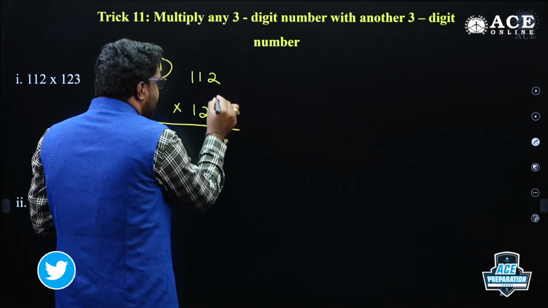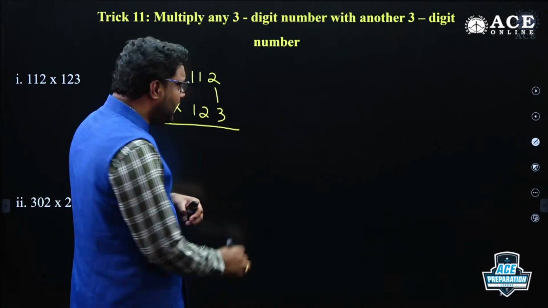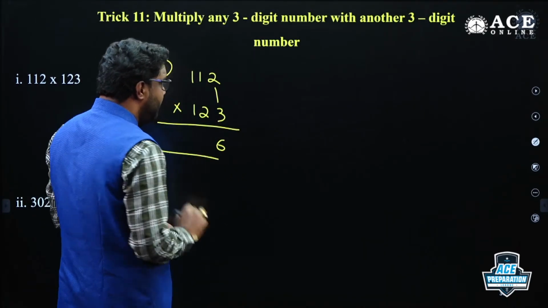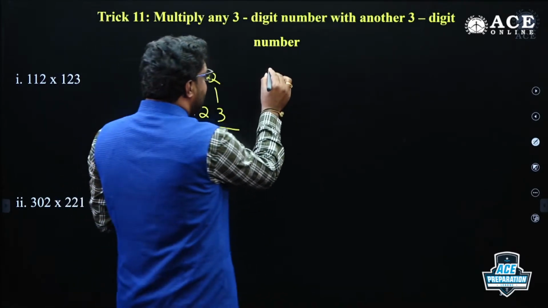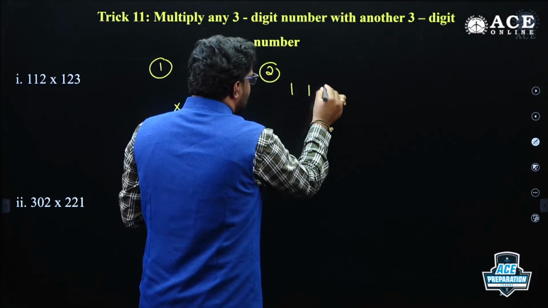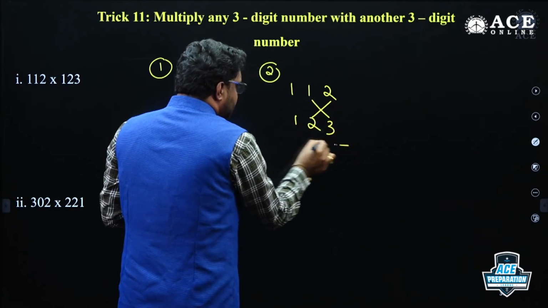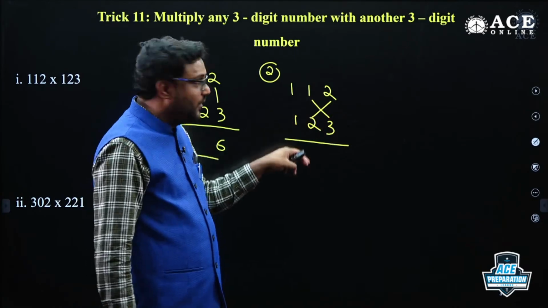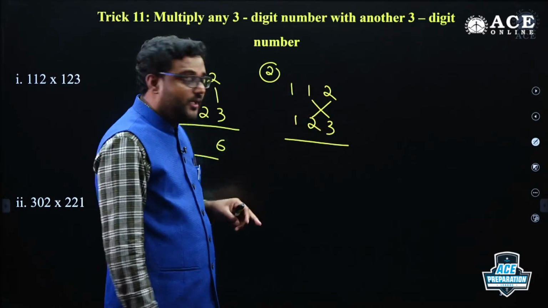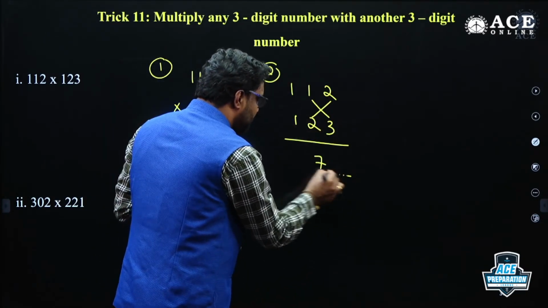So first step, as we already discussed, 2 into 3, 6 we will get. First step, okay, units place. Second step is cross multiplication. 1 into 3, 2 into 2, you got 4 plus 3 is 7.